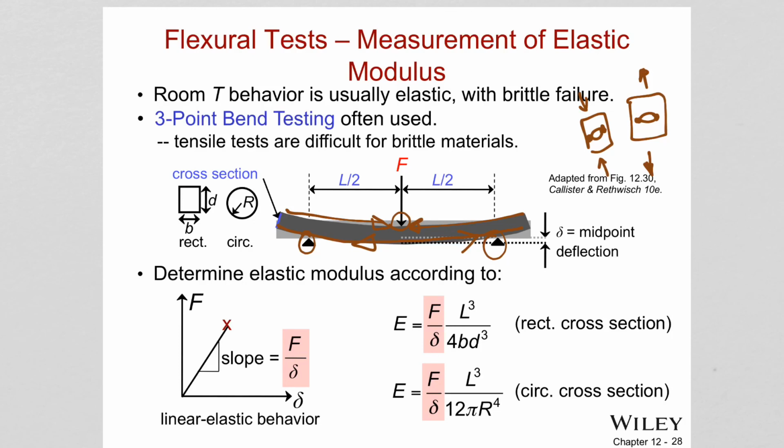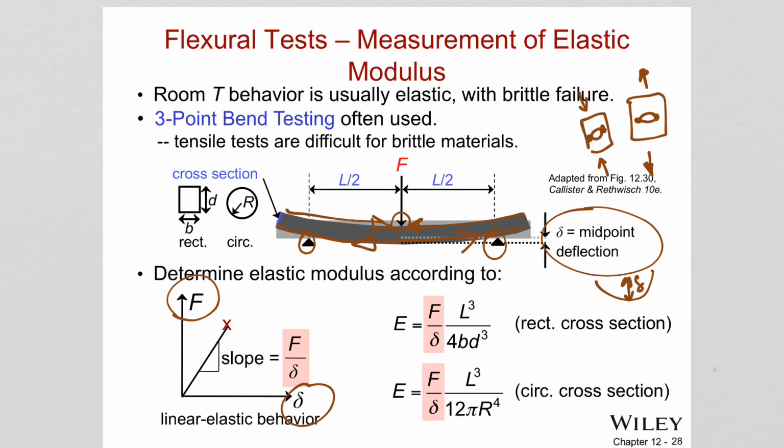We know that at room temperature ceramics show elastic behavior, meaning they don't have any plastic deformation and they fail with brittle fracture. So as you can see, this is force versus deflection. If this much bending happened, this is the deflection. Deflection is the amount of strain, you can think about it.